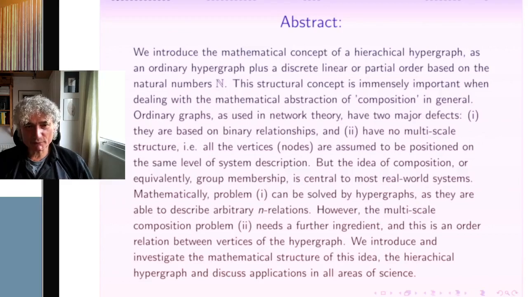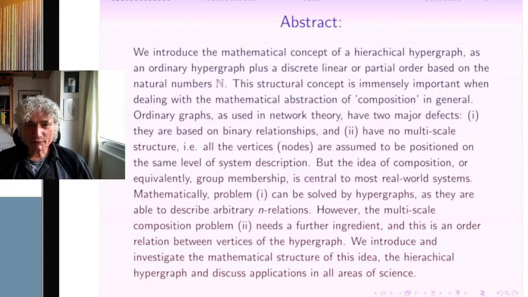And defect number 2 is that nearly all scientific empirical systems actually have a multi-scale structure. And this is immensely important. There is a lot of mathematical theory describing multi-scale structure, but the skeleton, the structural description of that is not very specified and not very well defined, and this is exactly what I want to do in this lecture.